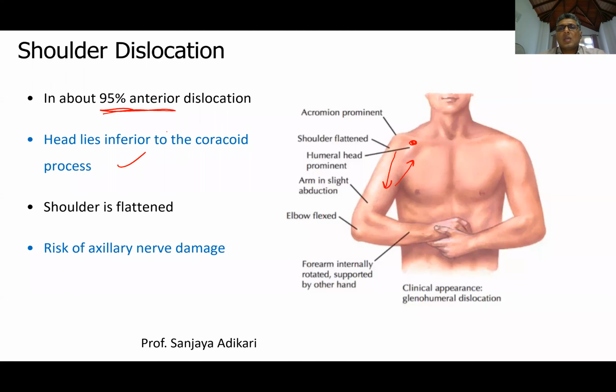So you will actually lose this hollow area here. If you touch, you will feel the head in that area below the clavicle, the subcoracoid place. And whether it dislocates this way and moves up, or directly dislocates, ultimately it lies anterior to the glenoid fossa. That's why you call it anterior dislocation.